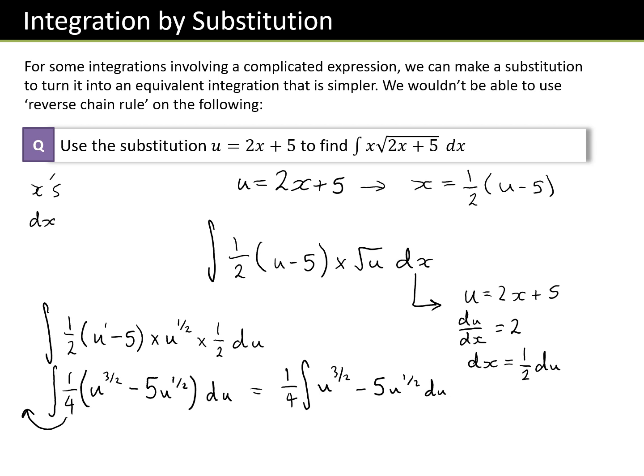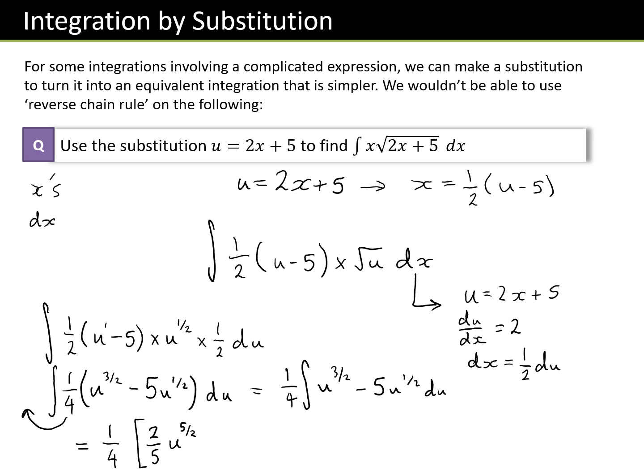Now this is just a standard integral, isn't it? So this integrated is a quarter, lots of. This is just a letter with a power, isn't it? So you can increase the power by 1, divide by the new power. So increase the power by 1, you get 5 over 2. Divide by 5 over 2, you get 2/5. And then u to the power of 5 over 2, increase the power by 1.